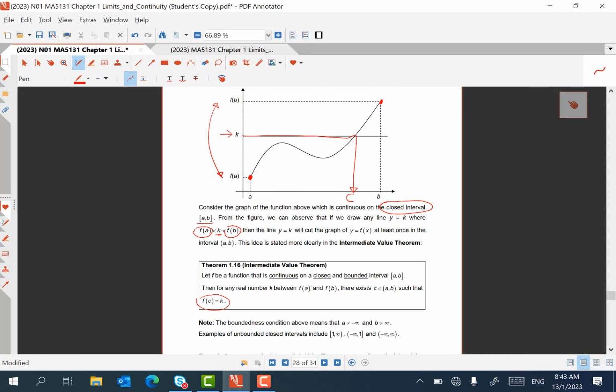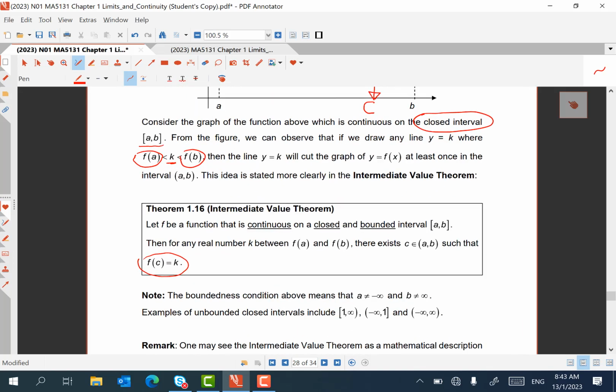So this theorem is quite straightforward when you see it from the diagram. From the diagram, you can see very well that if I take a point k in between, I can always backtrack to a point c here. So this is actually the statement of the IVT.